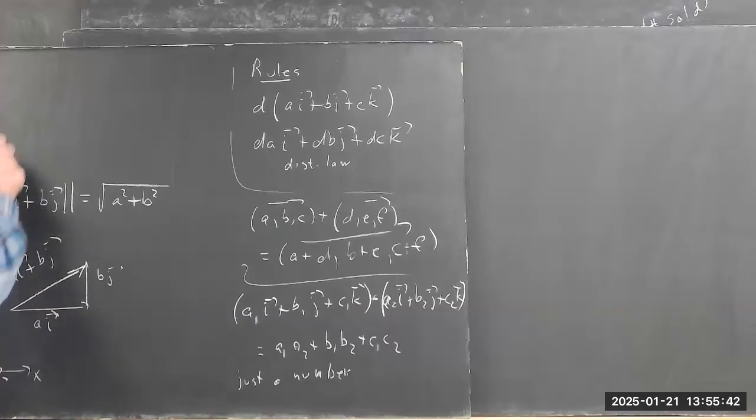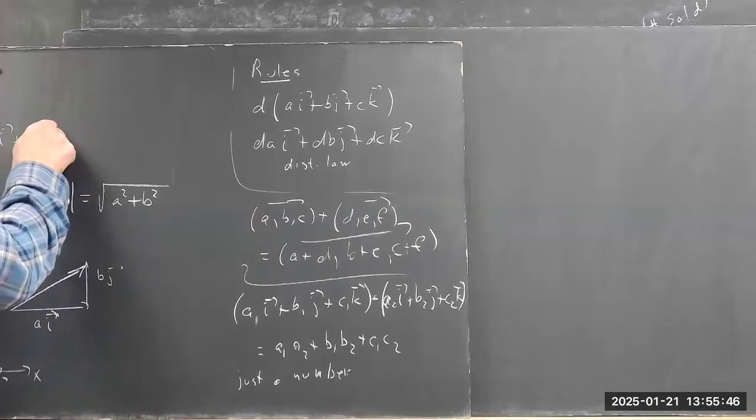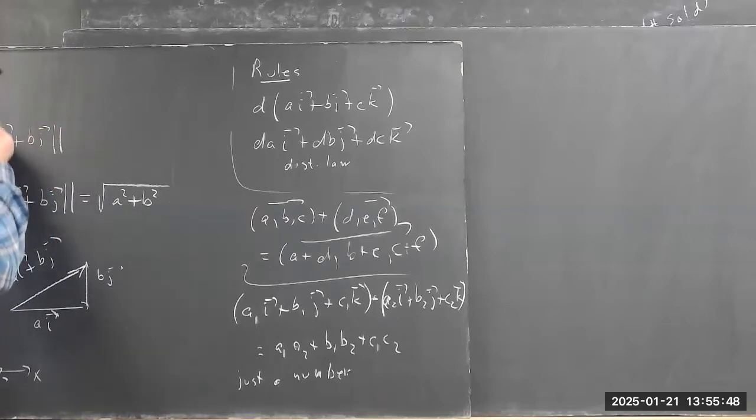The other way we write that is the magnitude of AI plus BJ. And this is a symbol you'll be familiar with in linear algebra pretty soon. It stands for a norm or a magnitude of, okay?